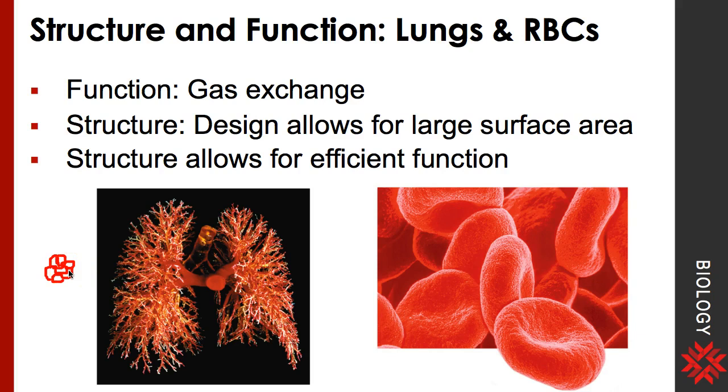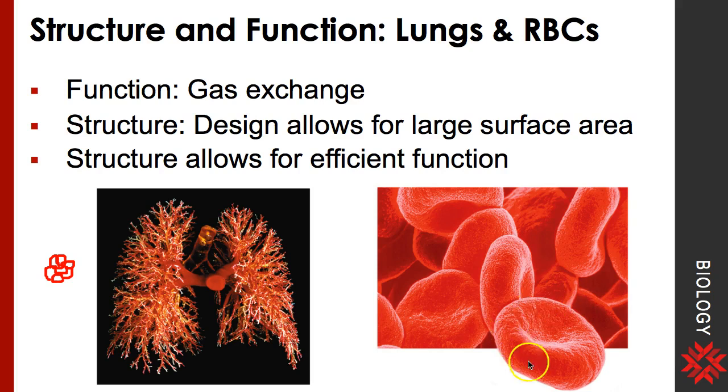When I say gas exchange, I mean for the oxygen to be able to diffuse out of the lungs through these alveolar membranes, and the carbon dioxide to be able to diffuse back into the lungs again through these membranes. So the more membranes there are, the higher surface area there is, the more efficient the lungs will be at gas exchange. If we look over here at the red blood cells, we'll see a similar story.